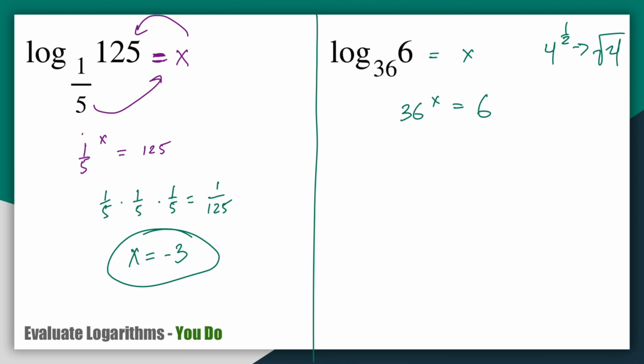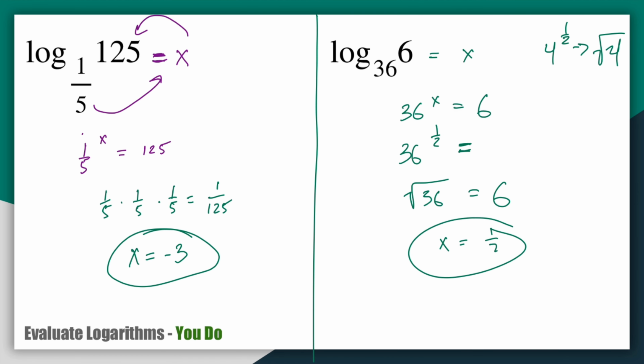Yeah, so this actually works for this one. If I take 36 to the power of 1/2, that's the same thing as saying the square root of 36, and the square root of 36 is equal to 6, okay? So x is equal to 1/2. And you're going to need to be able to think of these as to the power of fractions also, okay?